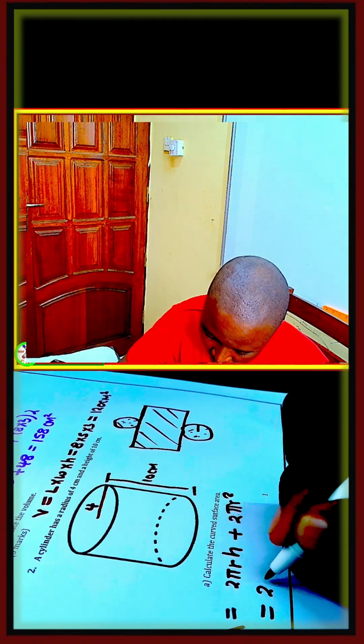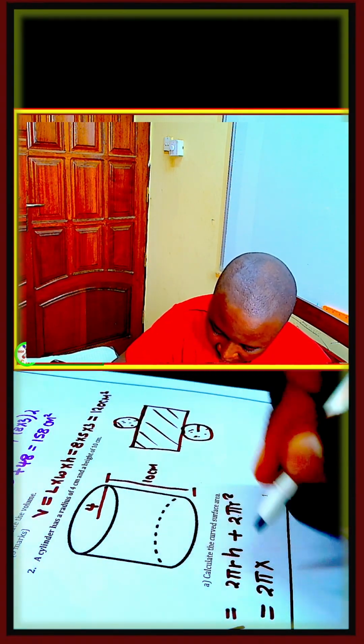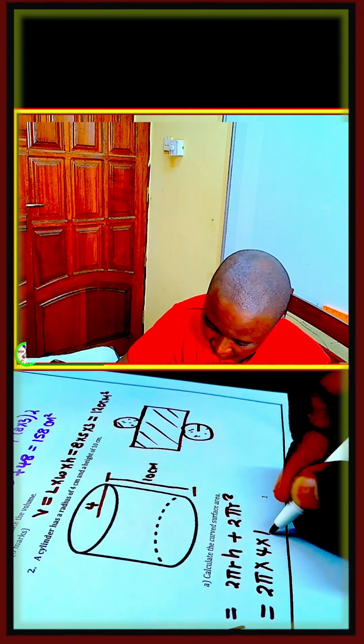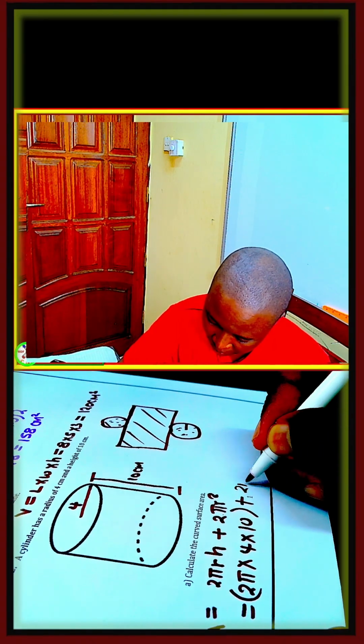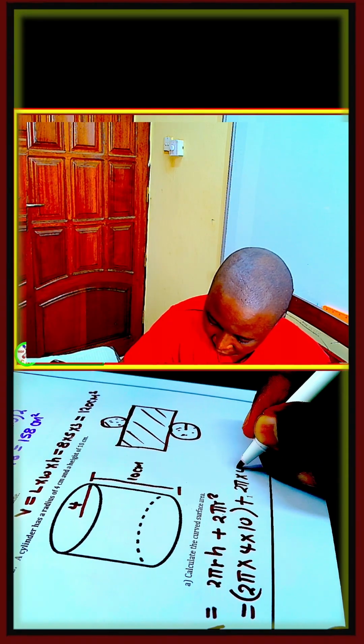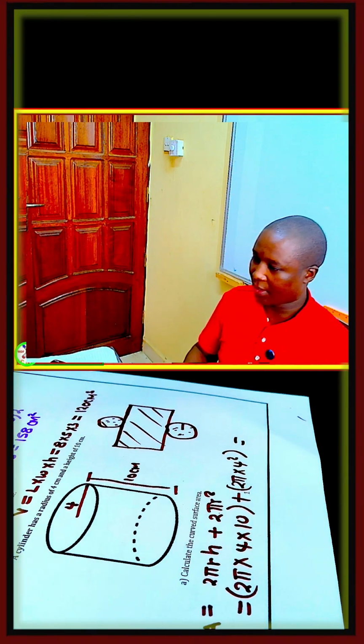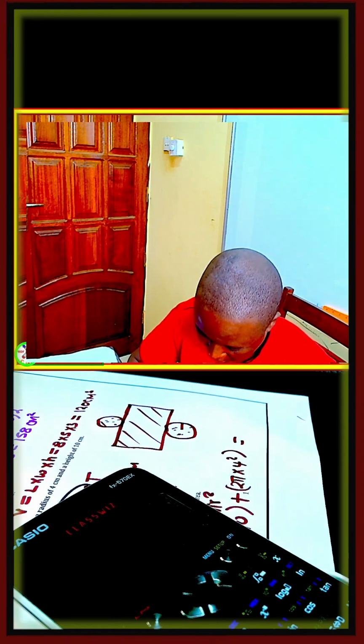So we are going to say 2 pi times the radius of this cylinder, which was 4, times the height, which is 10, then plus 2 pi times the radius, which is 4 squared. So if you put this in the calculator straight, 2 pi times 4 times 10, plus 2 pi times 4 squared, you close the bracket, and the answer becomes 112 pi.